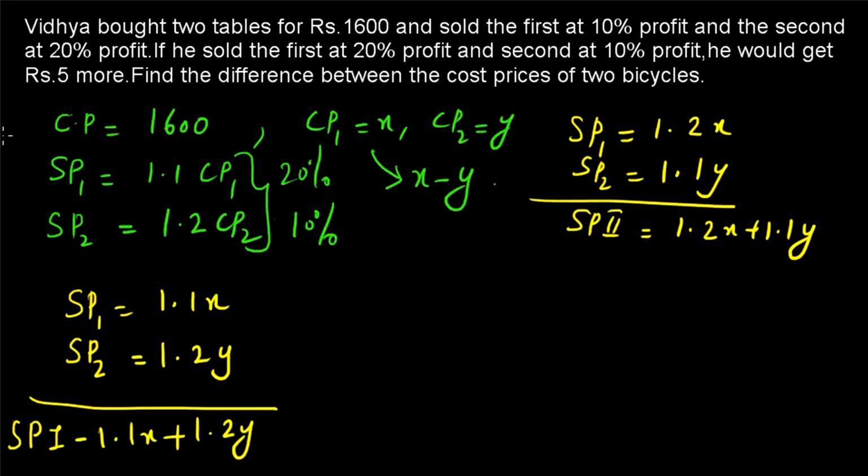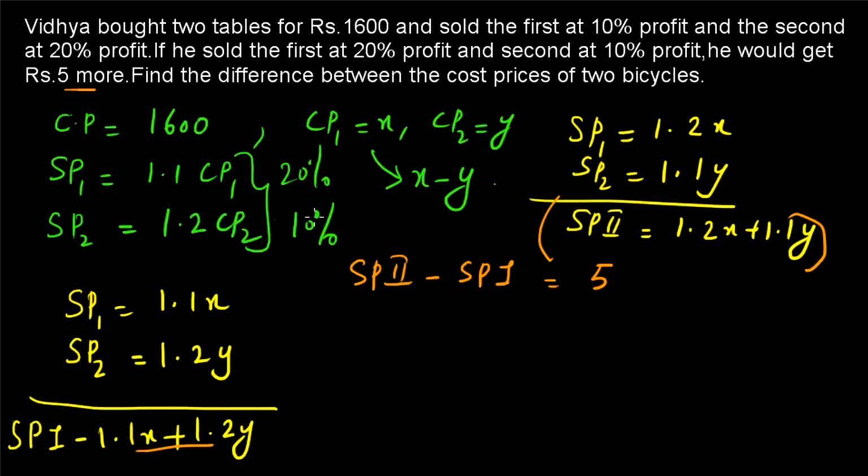The difference between the two selling prices is rupees 5. That means in the second case, she is getting 5 rupees more. When the selling price is 1.2x plus 1.1y, she is getting rupees 5 more compared to 1.1x plus 1.2y. So we can say that SP2 minus SP1 is 5 rupees.